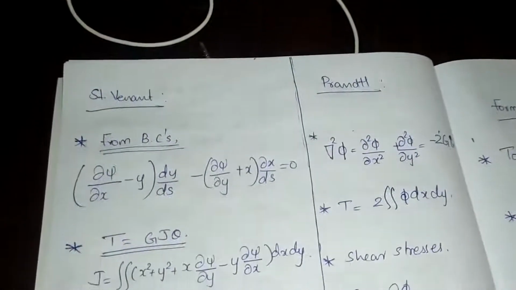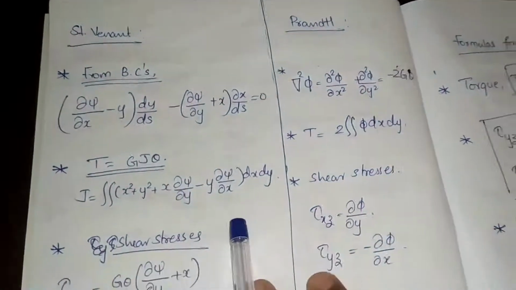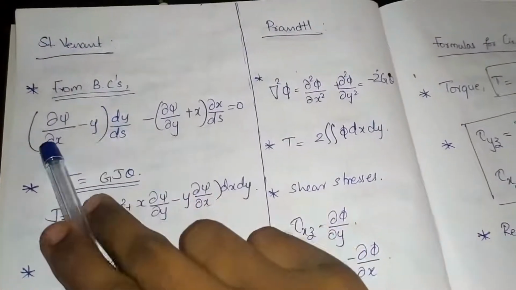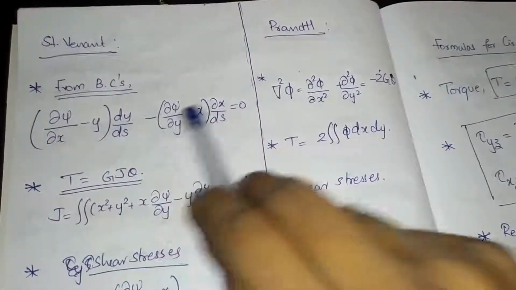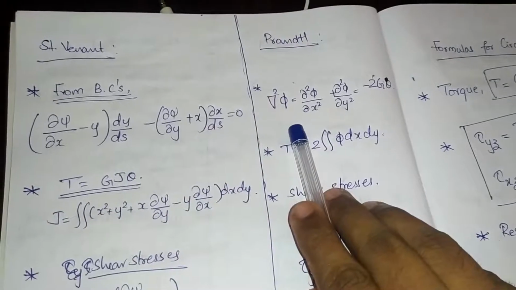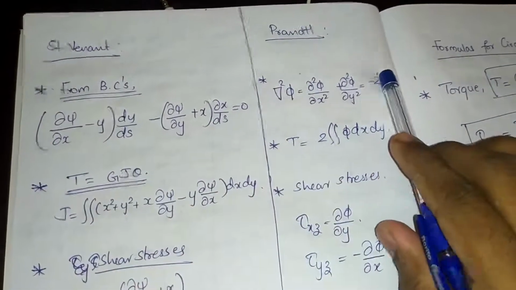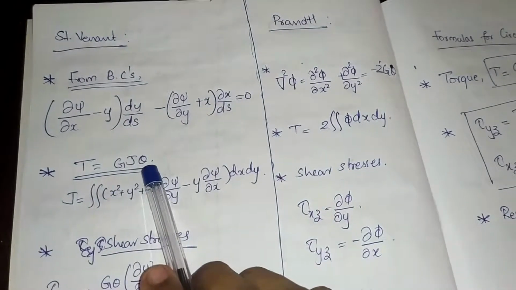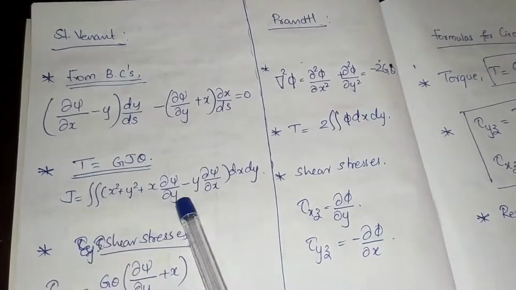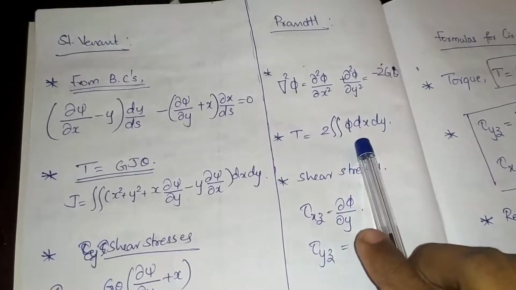And the equations that we have derived in each step: from boundary conditions we got this equation for Saint-Venant's, and here del square phi you got this value, minus 2g theta. Here T is equal to g J theta, where J is this value, whereas here torque is this value.